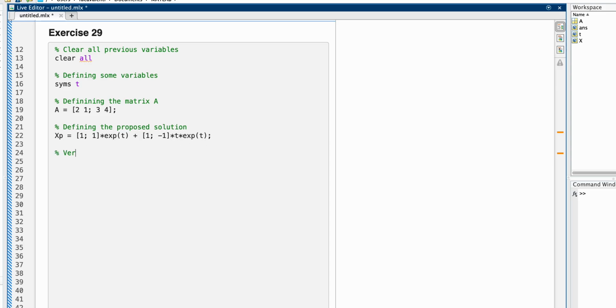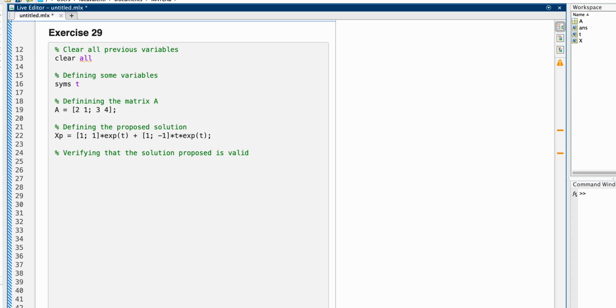And now I'm going to verify that the solution proposed is valid. How do you do that? Well, you want to write an equation and see if the left-hand side is equal to the right-hand side once you satisfy the operations on the solutions.